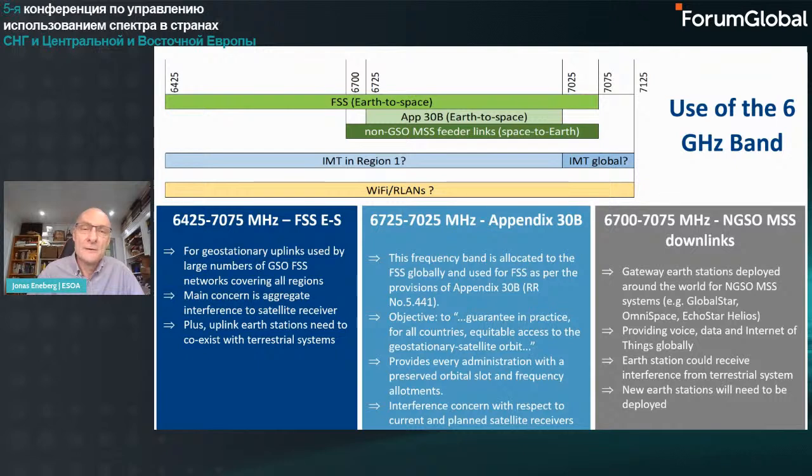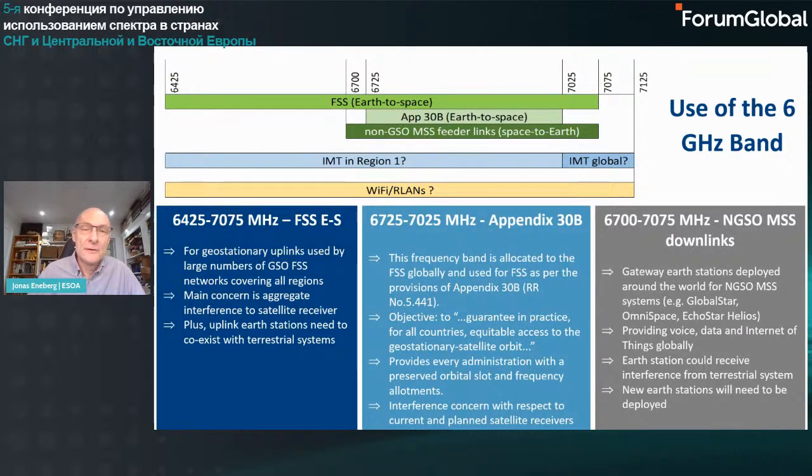And then overlapping with that and going up to 7075 megahertz, we have non-GSO MSS feeder links, where I know of 3 operators that use that band and have gateways operating all around the world to support those services.